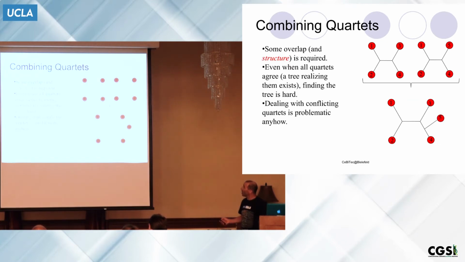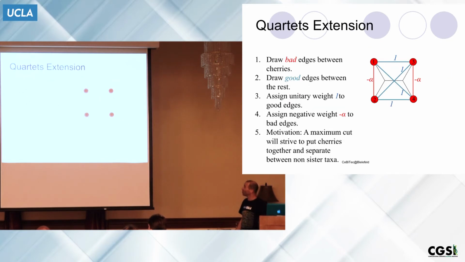Some overlap and structure is required, so we need some structure. Even when all quartets agree and a tree realizing them exists, finding the tree is hard, and dealing with conflicting quartets is problematic anyhow. So it's problematic even when the quartets agree.